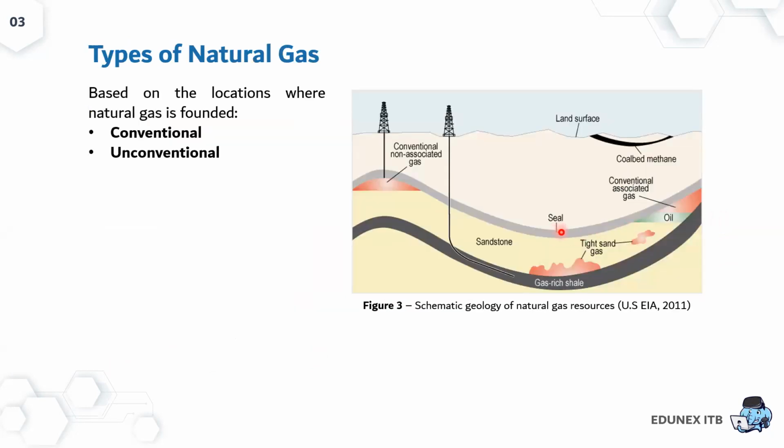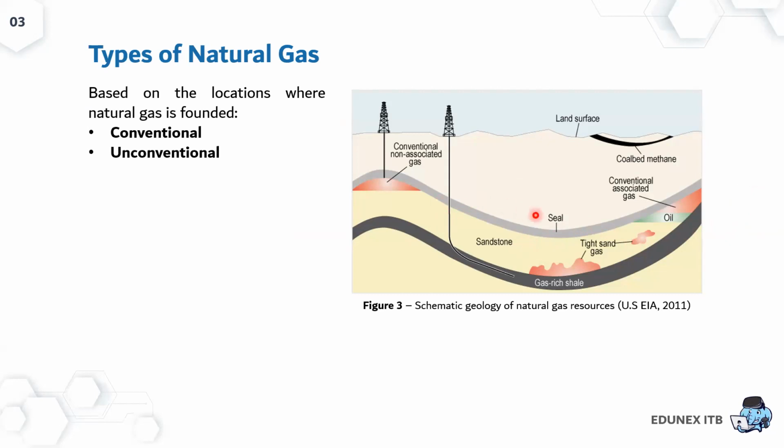Based on locations where natural gas is found, there are several types of geological formation that trap natural gas, namely conventional and unconventional gas reserves. Conventional gas is trapped in naturally porous reservoir formations, kept by impermeable rock layers, so gas can move to the surface when intercepted by a well without needing to be pumped.